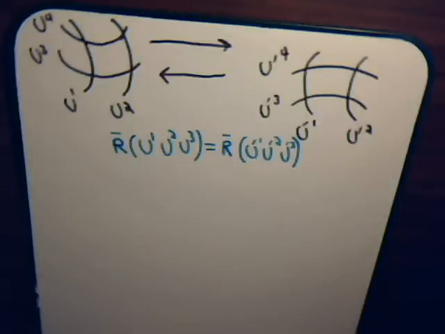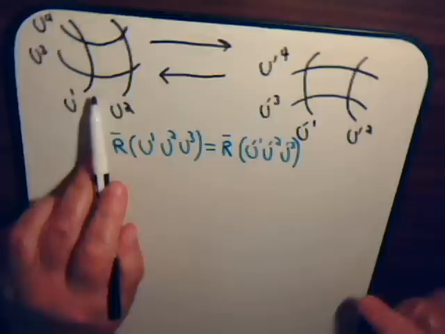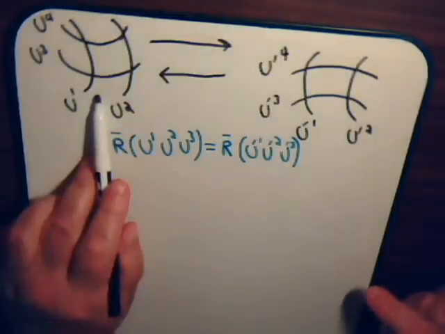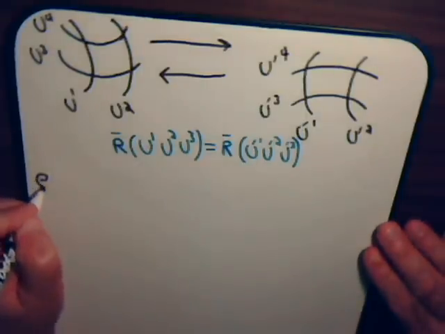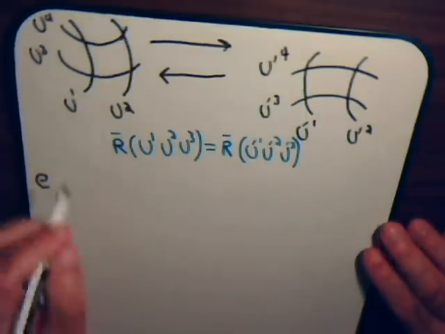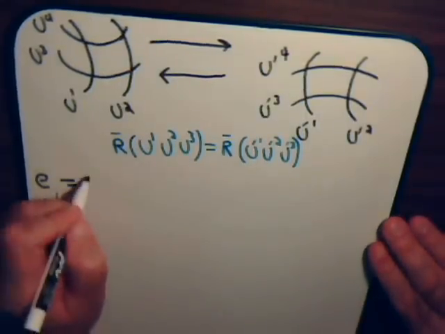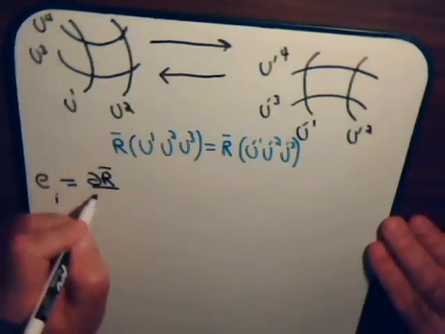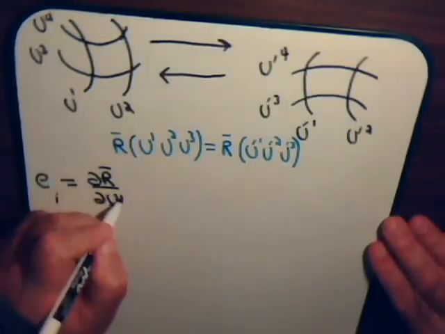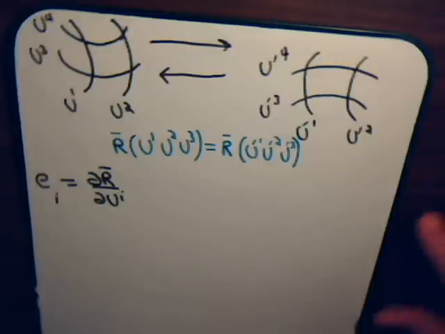So with that in mind, we can say that the tangent vector to any one of these axes in the U system would just be as we did in the previous video. Indeed, that's a vector.